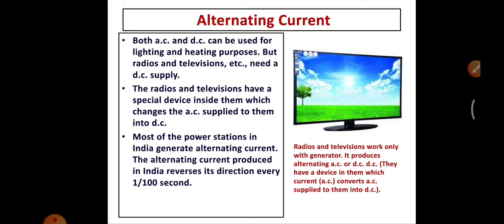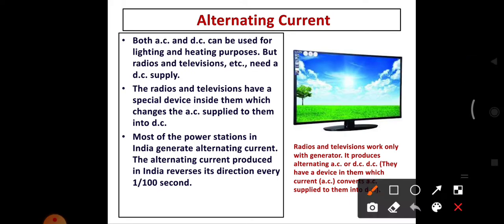So both AC and DC can be used for lighting and heating purposes, because we are using alternative current and also the direct current. Where we are using alternative current, where we are using direct current, we will see. The radios and the televisions have a special device inside them which changes the AC supplied to them into DC.